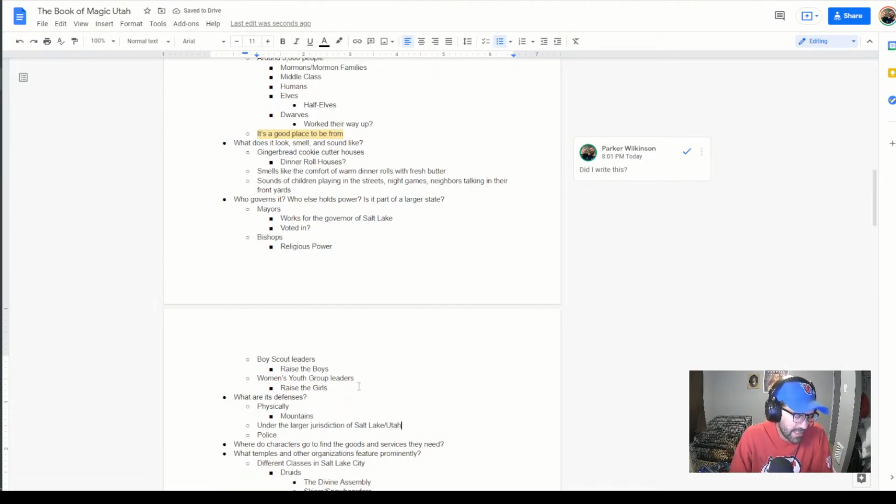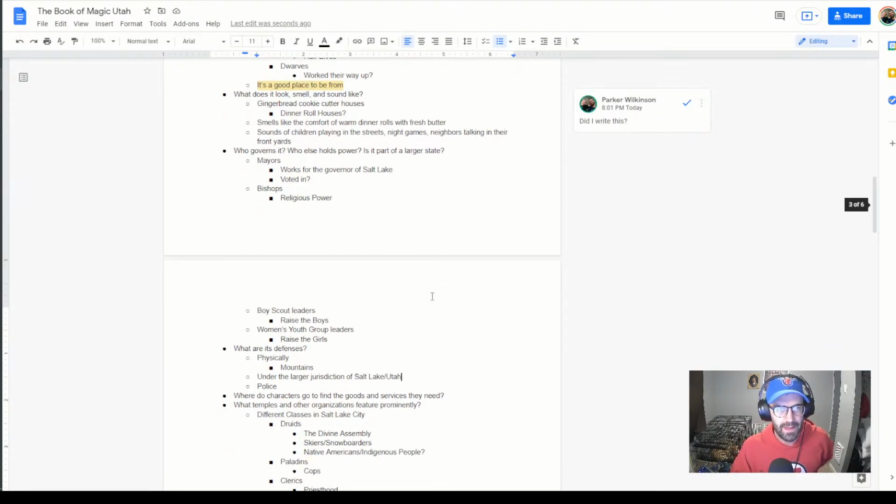Salt Lake is going to be the hub and the power. Maybe in Salt Lake and Provo. I think I like that actually. Salt Lake and Provo both have their own militaries, and they're trained at the schools. That sounds pretty good. Provo is kind of in charge of the South, and Salt Lake's in charge of the North, even though it's a huge state.